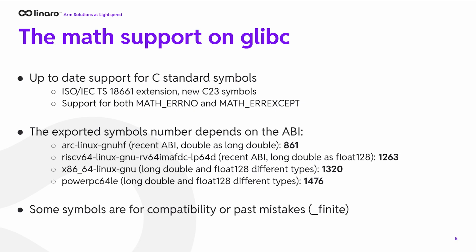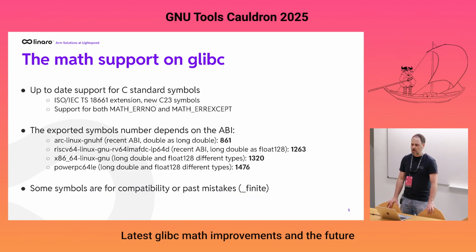And we support both errno and exceptions, meaning that our implementations are a bit more complex than what C requires. And there are a lot of symbols that libm supports, and it really depends on the ABI. So we have some, for instance, ARC that only provides 800, but on the other hand, we have PowerPC 64LE, which supports like the double.